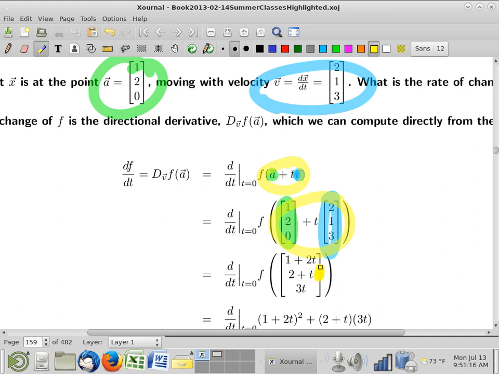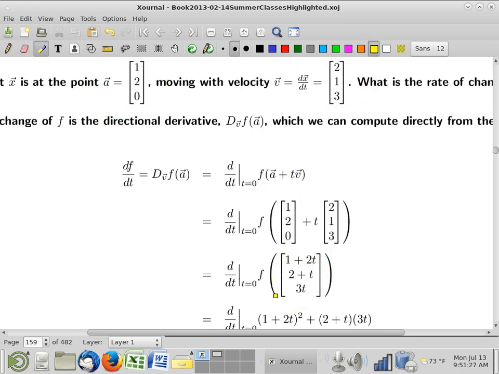Which, by the way, I can rewrite like that. And all I've done there is combine this linear combination of vectors into a single vector. Now, having done that, what do I do with this expression? Well, my goal at this next stage is to compute f of that input parametric curve.